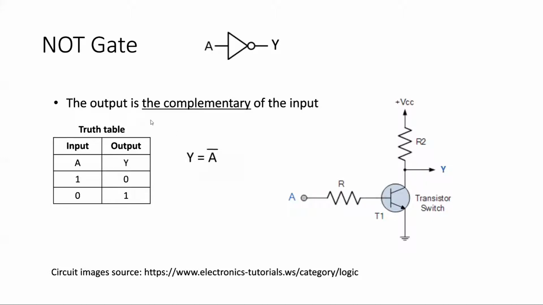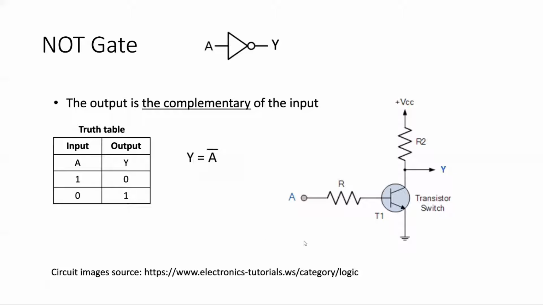So if we take a look at its truth table, whenever the input is at logical 1, then the output is at logical 0. These ones and zeros are the truth values. They are not like 1 and 0 in decimal. We treat them differently in Boolean logic. And when input is 0, you see that output is 1.